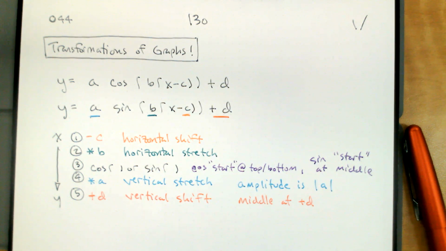So the sign tells us which part. Do we start at the top or the bottom? Do we start at the middle going up or the middle going down? If a is positive, we start at the positive one. If a is negative, we start at the negative one. So if a is positive, top for cosine, middle going up for sine. If a is negative, bottom for cosine, middle going down for sine.